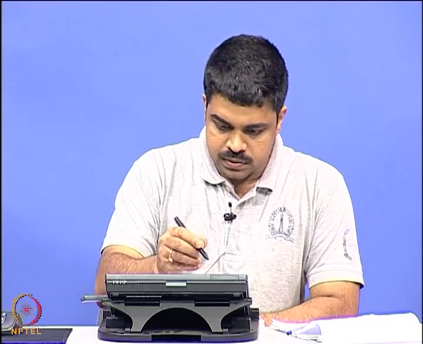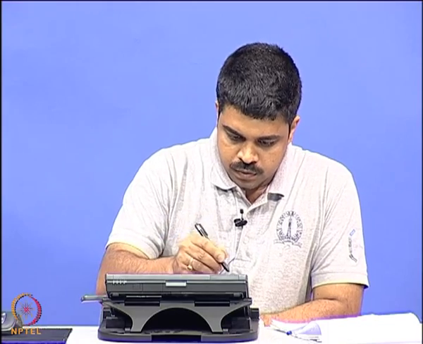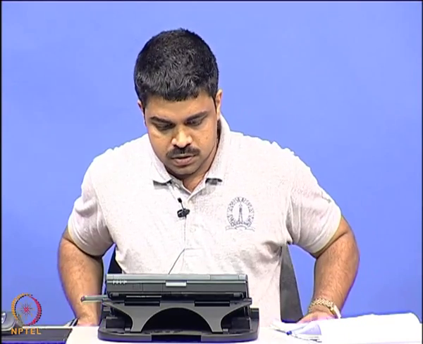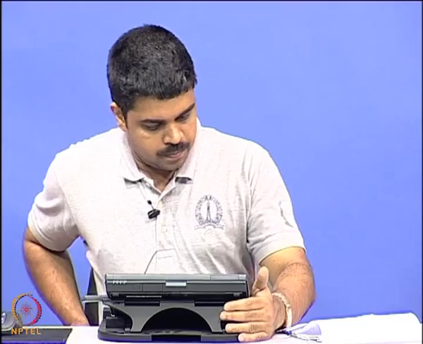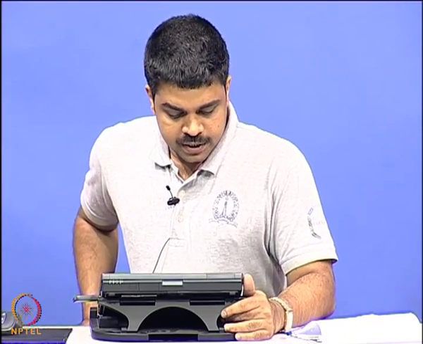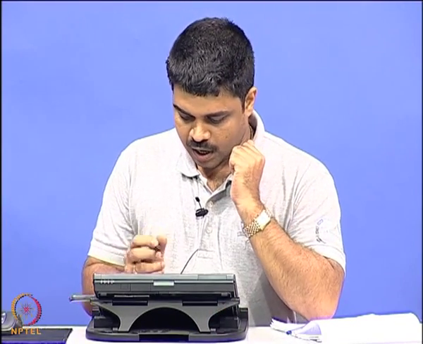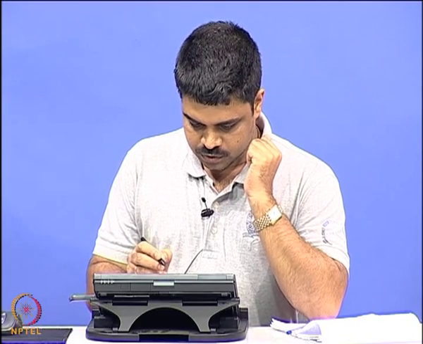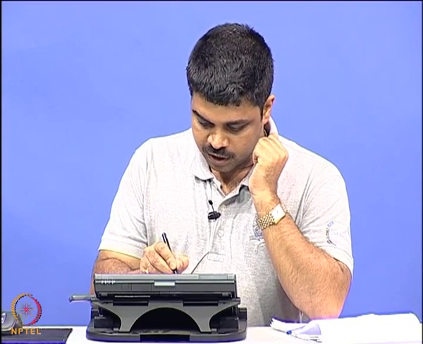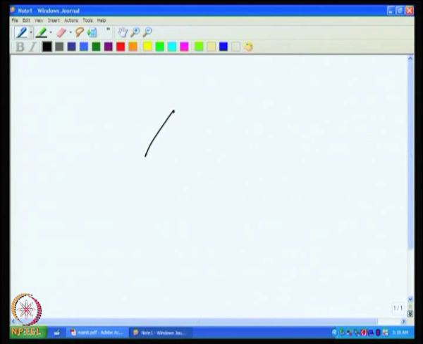In the last class we were discussing the problem of covering a directed graph with a collection of directed paths. So here this time we are given a directed graph. That means there are edges and each edge has a direction.